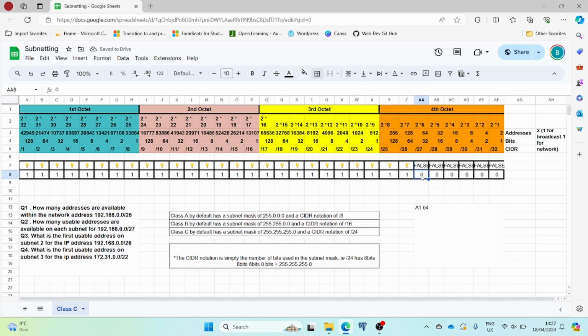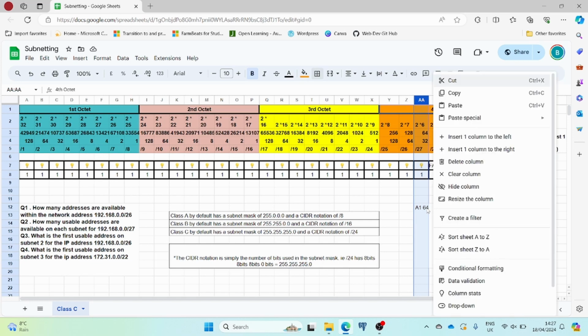In this case we've got 27 bits, so I would draw my line here, and I would go off the 32 number here, to the right of my line. But this question is asking for usable, so this answer would be 30, so it's 32 minus 2, which gives us 30.